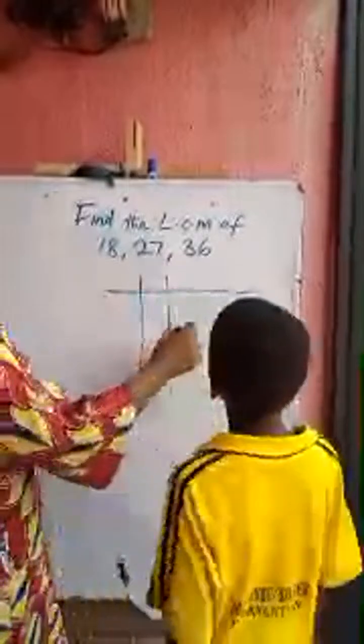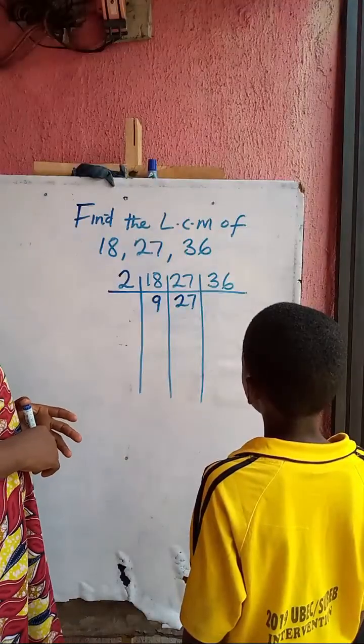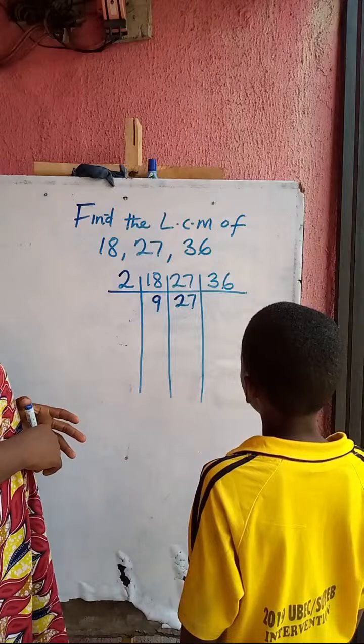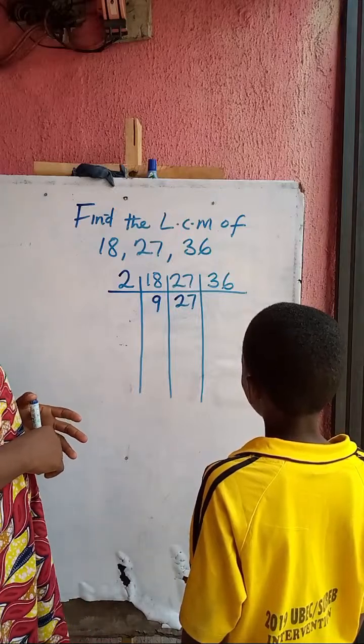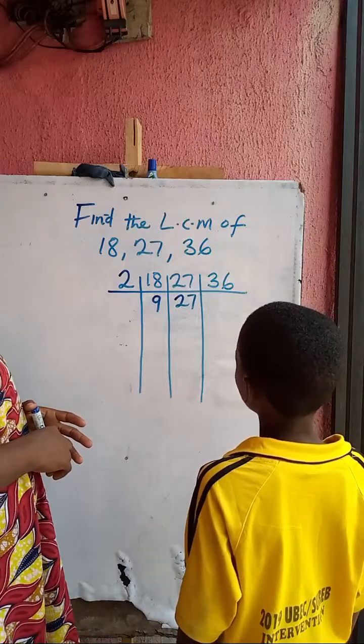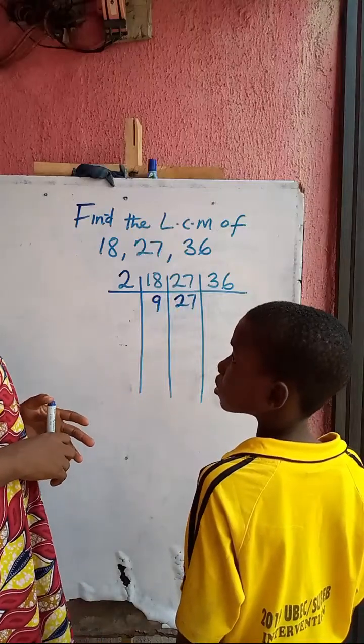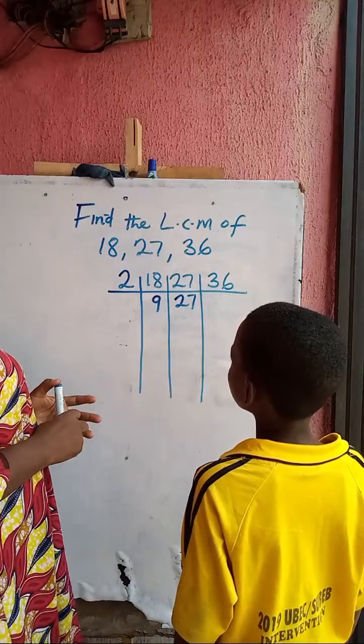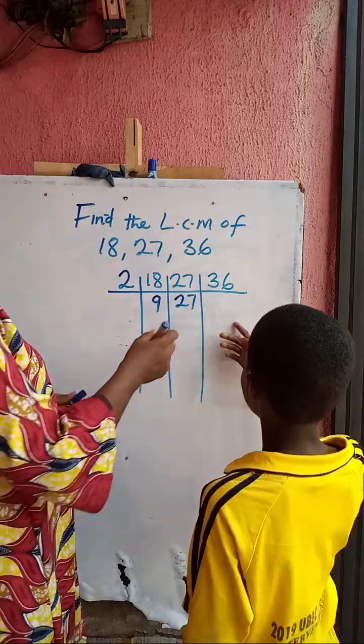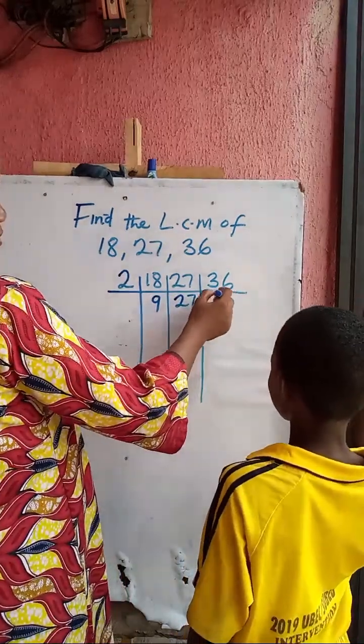The LCM of 18, 27, and 36. 3 into 36 should give us 18. 2 into 36 is 18.